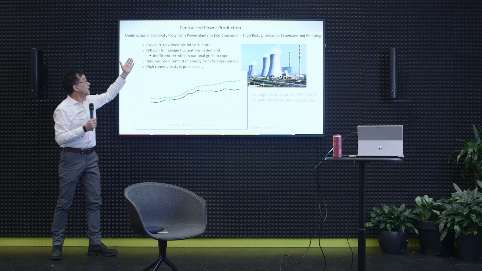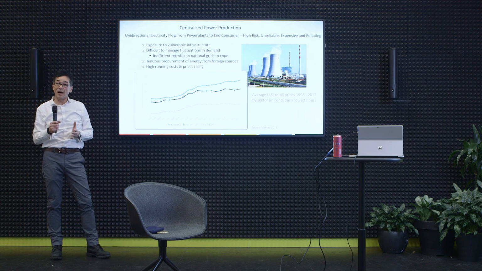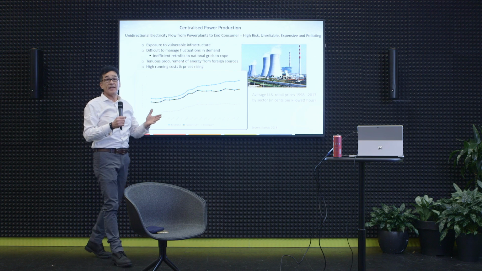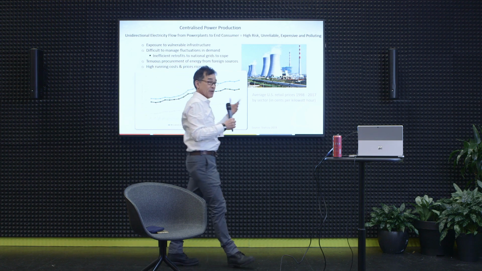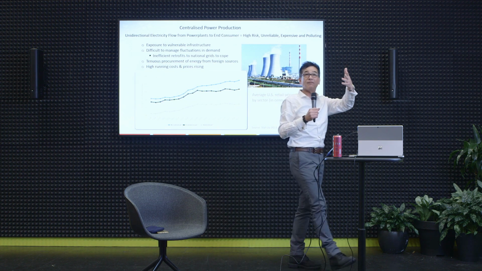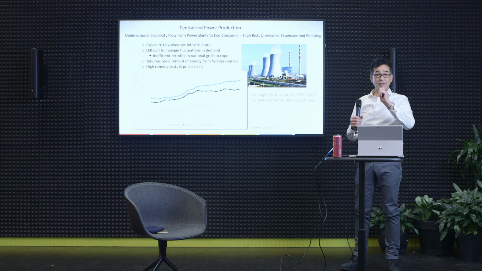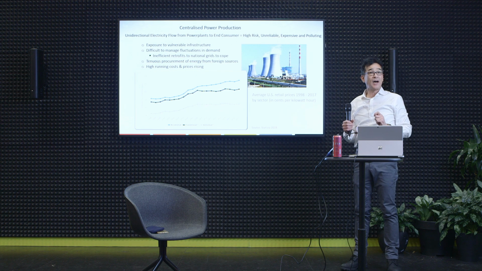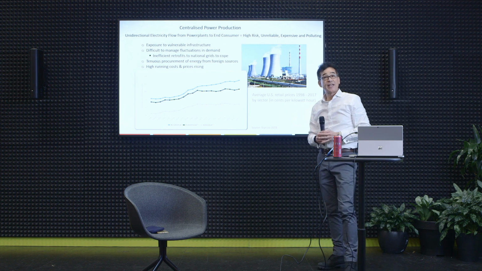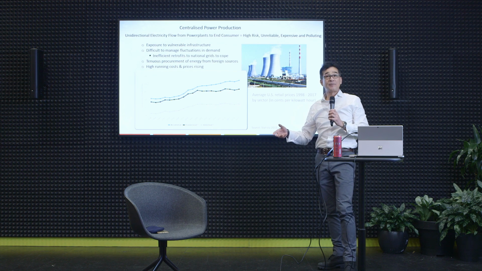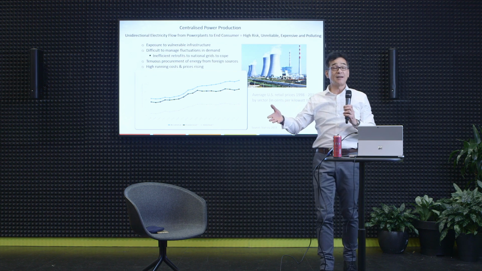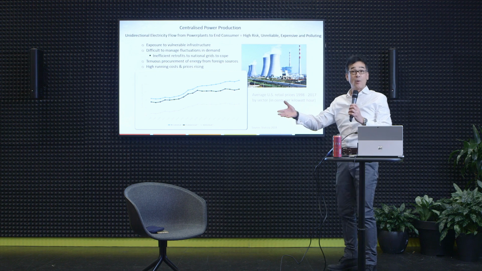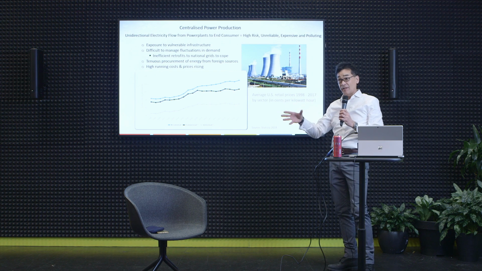It's difficult to manage the fluctuations in demand. An example is if we're watching the World Cup final, and the referee blows a whistle at halftime, and we go off to the kitchen, turn on the kettle for a cup of tea, put some pizzas in the microwave, which is fine for us.